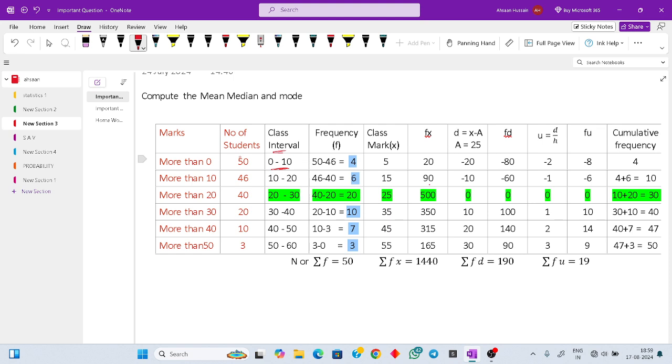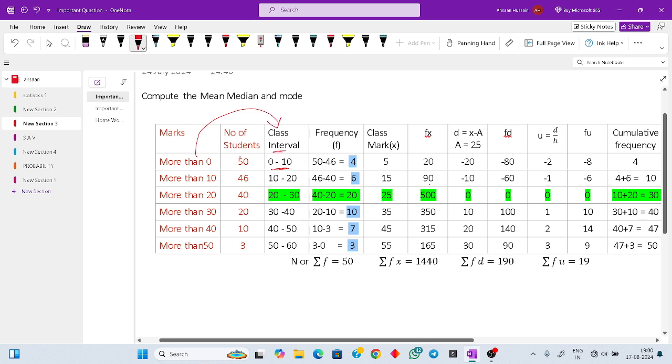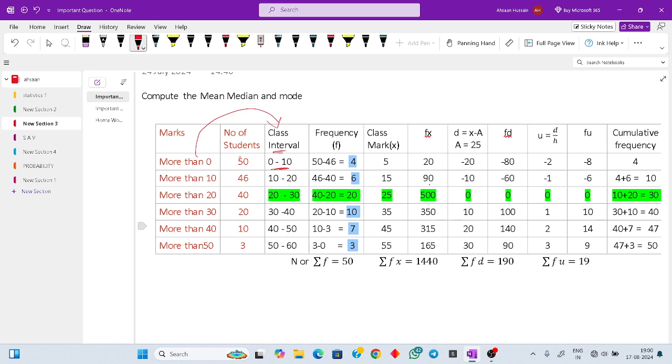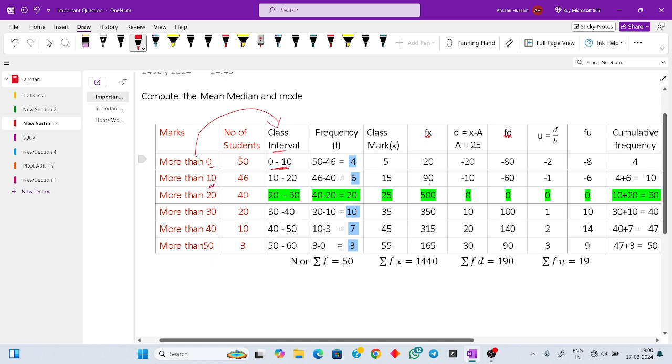So how will you convert this to this? The answer is very simple. Just follow the pattern. What is given? 0, 10, 20, 30, 40, 50. So we'll first write 0 to 10, then 10 to 20, then 20 to 30, then 30 to 40, then 40 to 50.